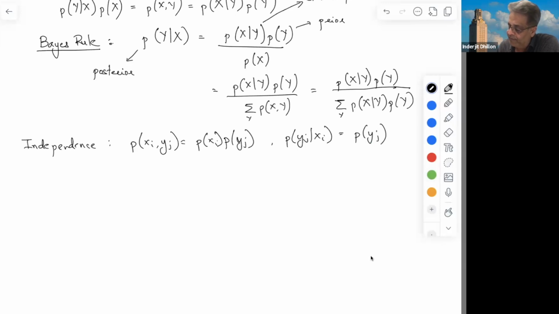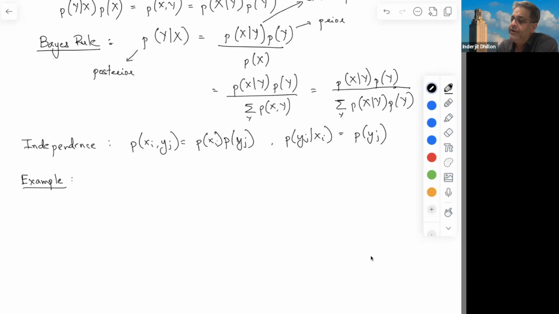Let's take an example that illustrates many of the above things, and how we can infer some probabilities given this information about the joint distribution or the marginal distribution.